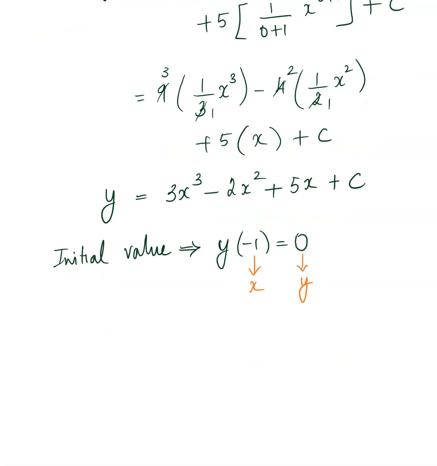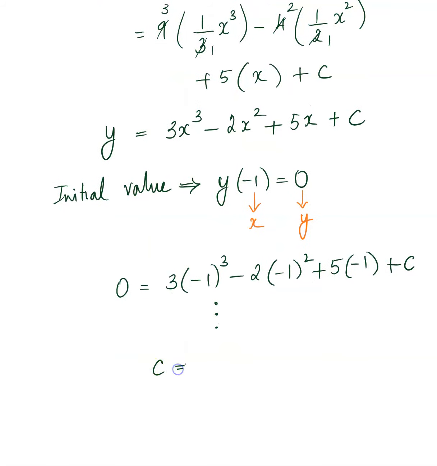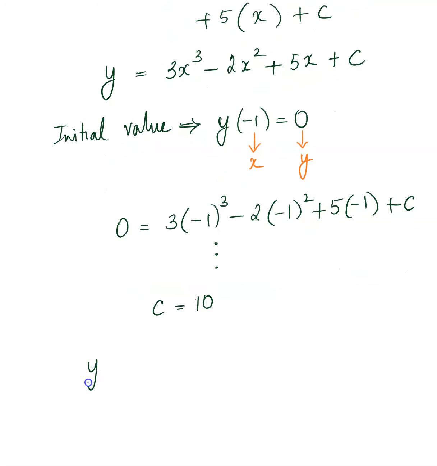Plug those in. 0 equals 3 times negative 1 cubed, and so on. After some algebra, c comes out to be just a 10. Something to do with a 10, but these questions have the c as 10.